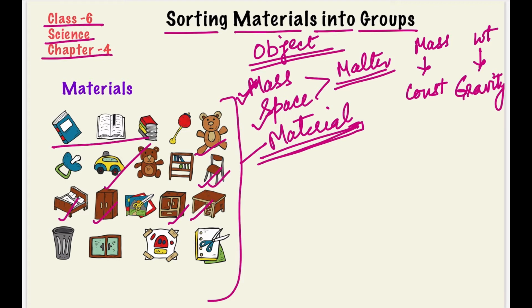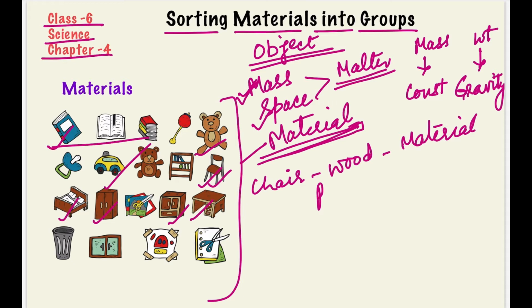Now if we talk about this chair, chair is made up of wood, so wood is a material. If we talk about book, so book is made up of paper, then paper is also a material. Now these objects can be made up of one material and more than one material also.